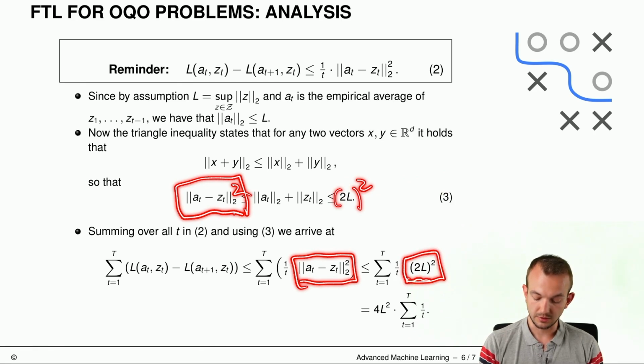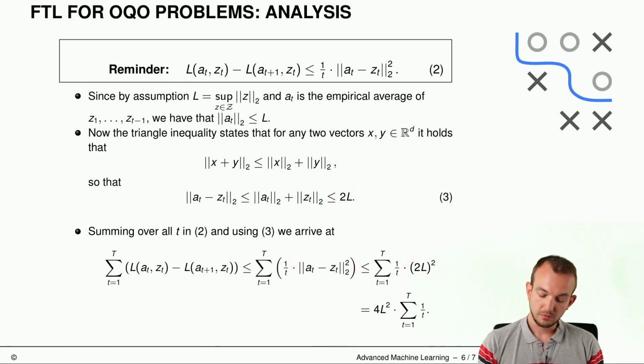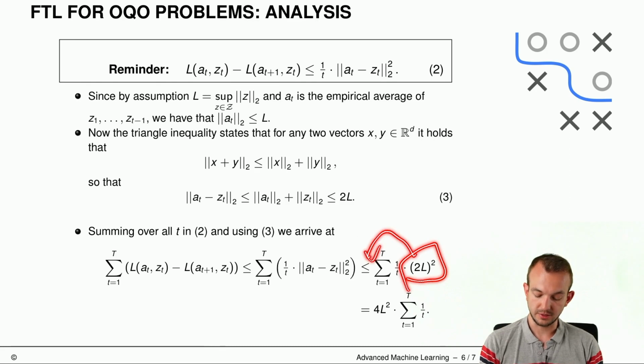Yeah, and this is what we get here. And this L squared term is not depending on the t, obviously, so it's a constant, which we can write in front of the sum. This is what we get here.